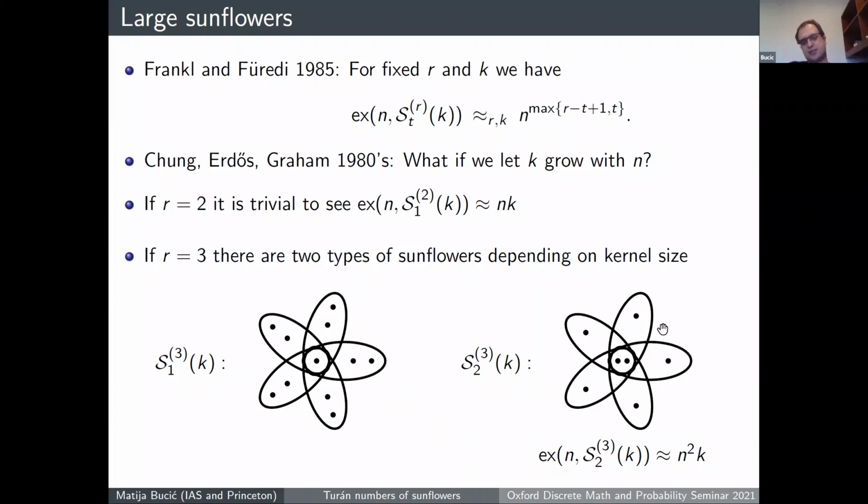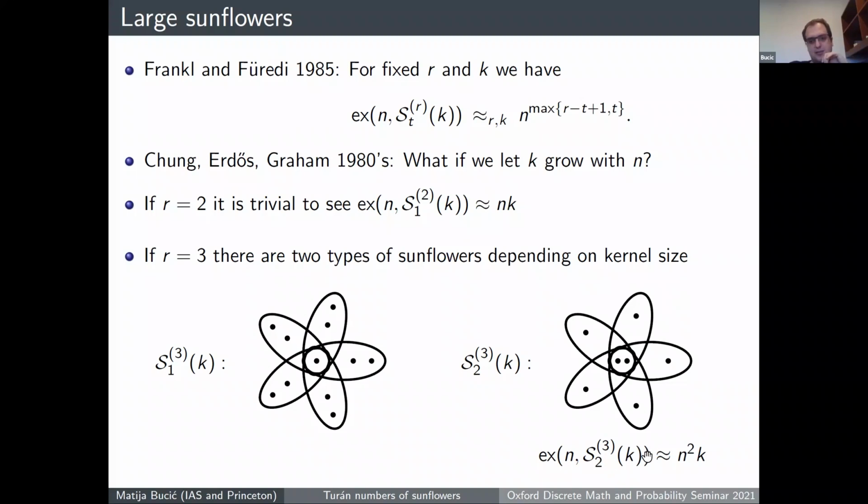So it's not hard to check that actually there will be very few collisions, and you will get about a small constant times n squared times k minus 1 edges from this union of k minus 1 Steiner triple systems. And still this picture will never have this sunflower, because any pair belongs to at most one edge per Steiner triple system, and we put k minus 1 of them, so you can never find k edges which contain the same pair.